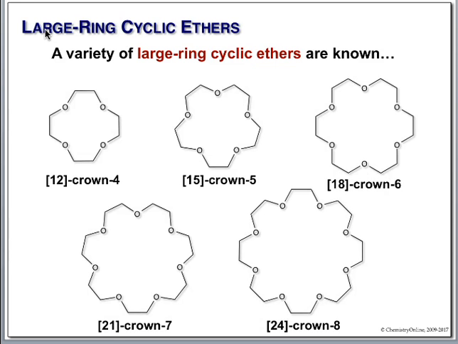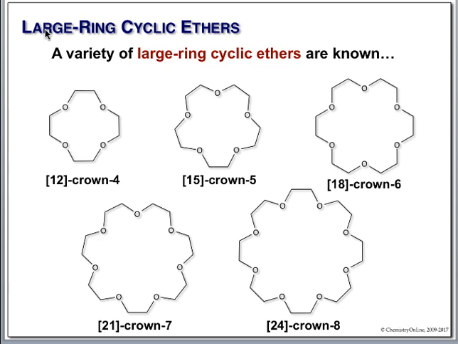12 crown 4, 15 crown 5, 18 crown 6, 21, 24. That has to do with the number of atoms in the ring. Now, first of all, just looking at these things, that's kind of neat, isn't it? They're kind of neat looking molecules.